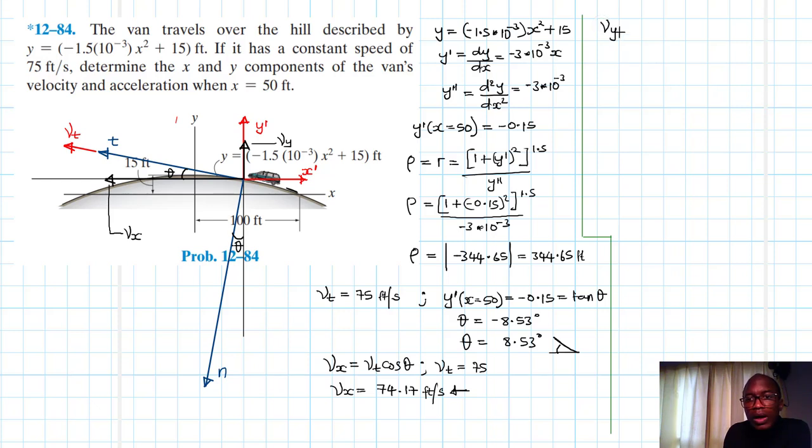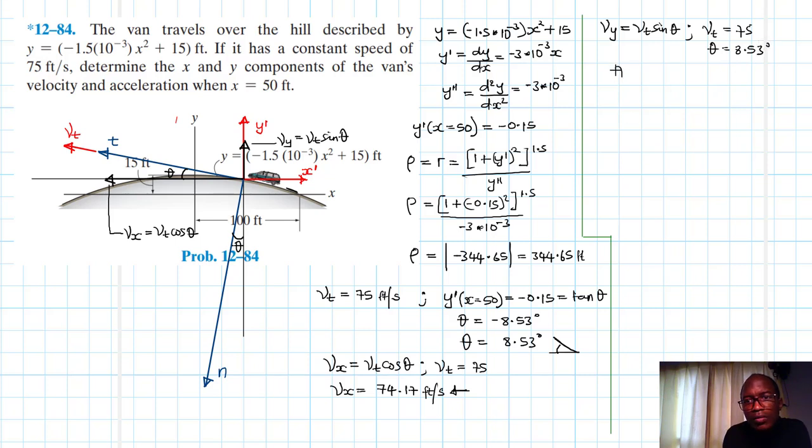And then we have Vy. So this one we said is equal to Vt cos theta, and this one is equal to Vt sine theta, where Vt we already said is 75, and theta is 8.53.